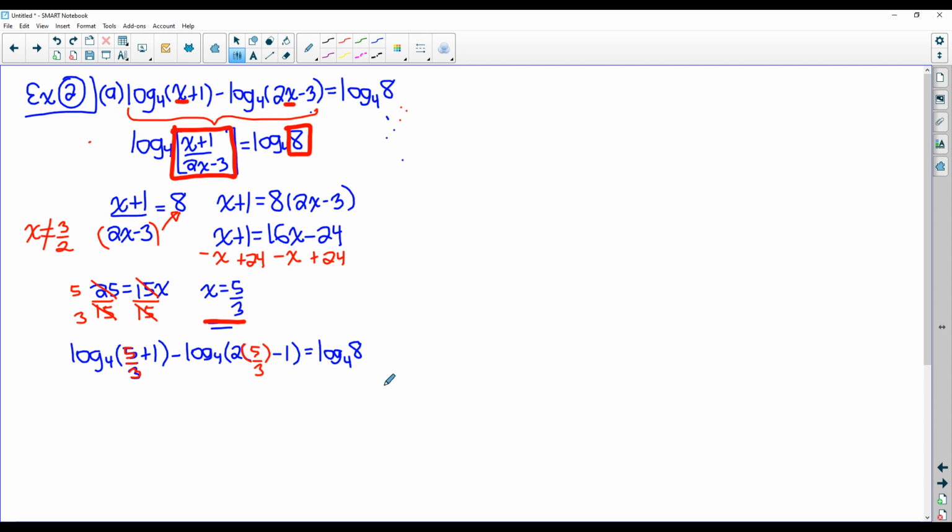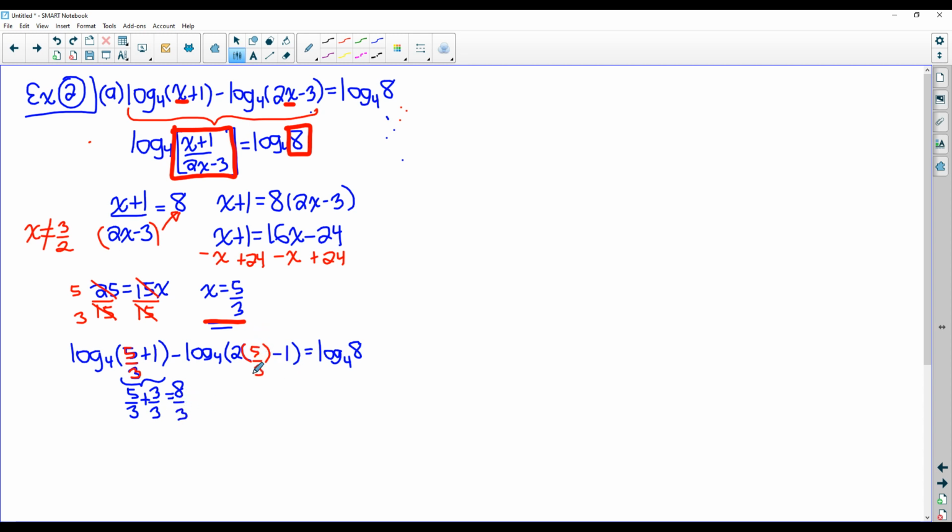And let's try to clean this up a little bit. So I want to get a common denominator for this argument. So the way to do that is I would write this as 5 over 3 plus 3 over 3. Okay, 5 over 3 plus 3 over 3 would be 8 over 3.